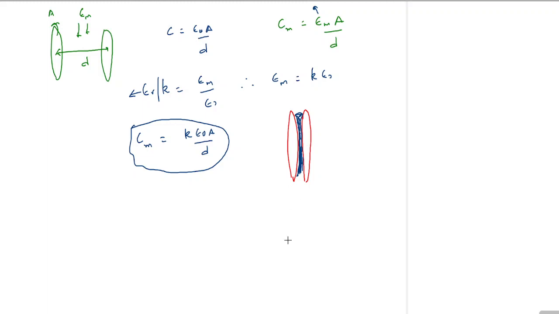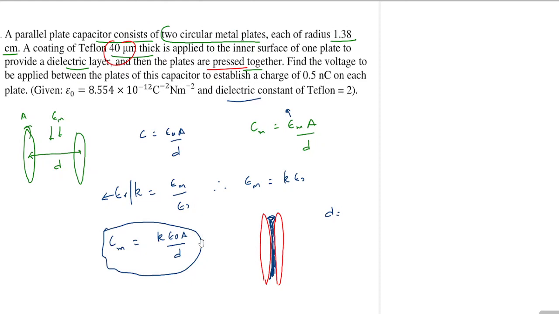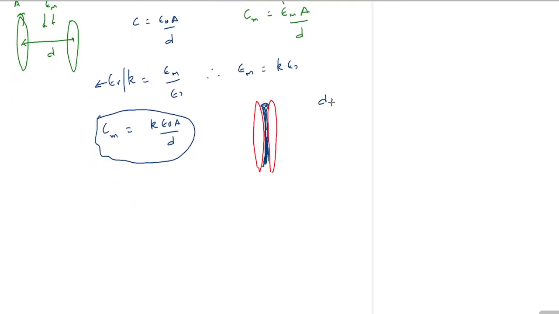So basically between the two plates Teflon coating is present, which means in this case d is nothing but what separates them, and here what separates them is a Teflon coating whose thickness is given as 40 micrometer. Therefore d is equal to 40 micrometer, which is 40 into 10 power minus 6 meter.